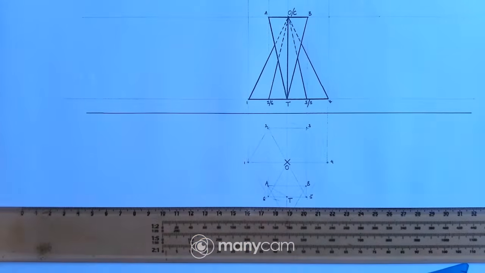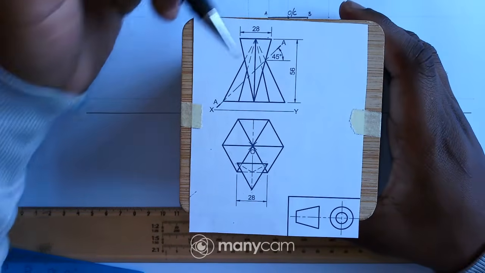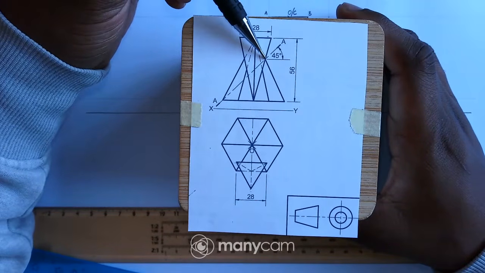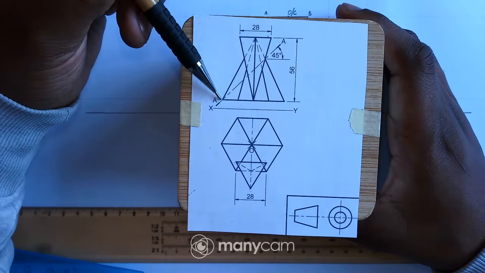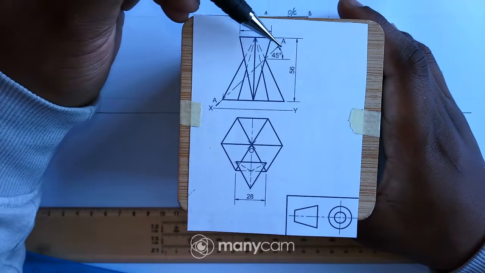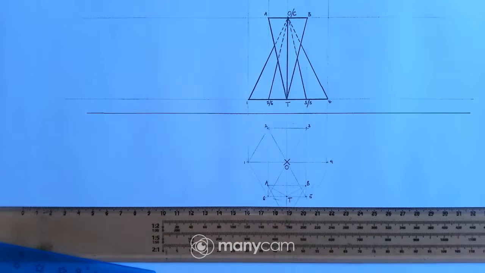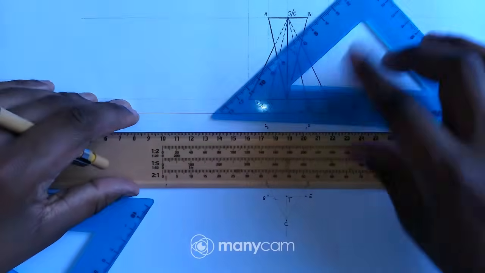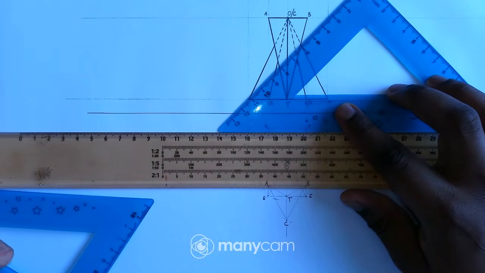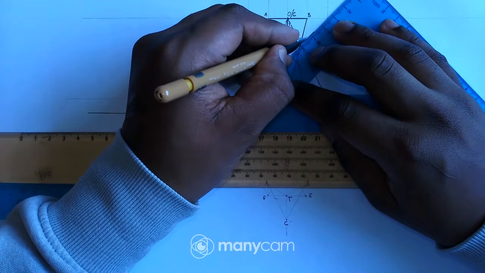Okay, so now I have to add the cutting plane. So the cutting plane is from that point there, right? Past that point there, from the base there, and the cutting plane is at an angle of 45. So let's see. So yeah, so that means I'll draw the cutting plane from somewhere there.